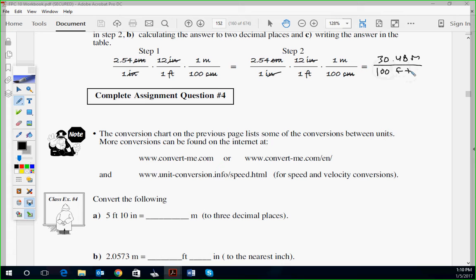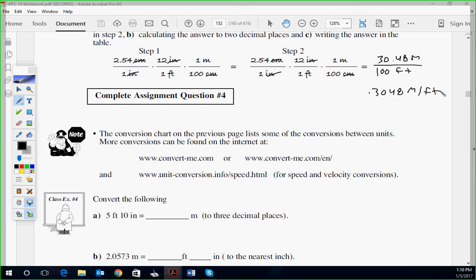So all we're going to do is the division. That moves the decimal over 2 spots. 0.3048 meters per foot. So 1 foot is 0.3048 meters. So you just did a conversion yourself. That's on your chart. That chart I gave you has that in there. Okay, there's 0.3048 meters per foot.